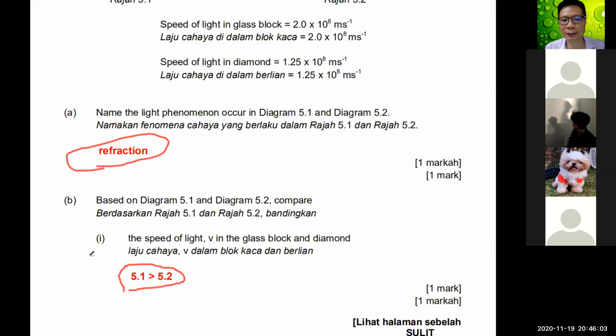Write in one sentence. I told you already, if you never follow the SPM style, it's sure to lose marks. Speed of light in diagram 5.1 is faster than 5.2, okay?